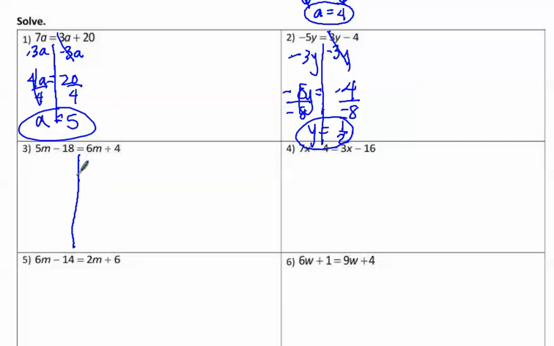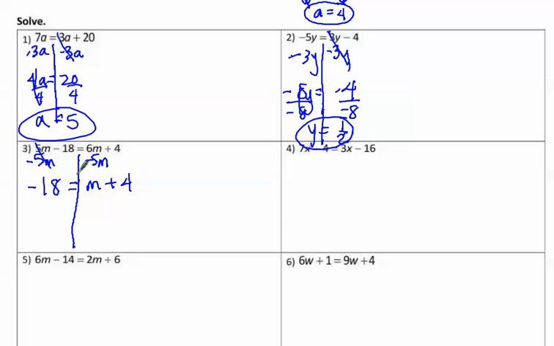On number 3, you have an option. I can move my 5m to the other side by subtracting 5m. So you keep a positive variable. 6m minus 5m is m plus 4.